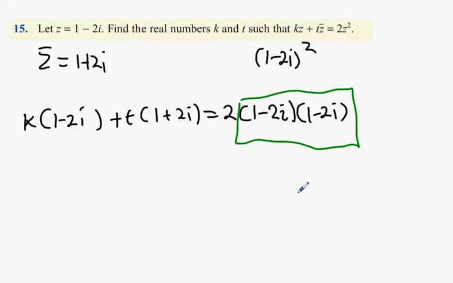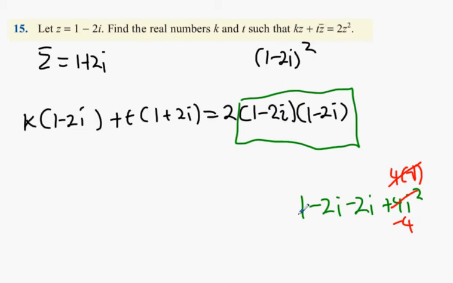Okay, so 1 times 1 is 1, 1 times minus 2i is minus 2i, minus another 2i, and minus 2i by minus 2i is plus 4i squared. Now, 4 times minus 1, because i squared is minus 1, is minus 4.